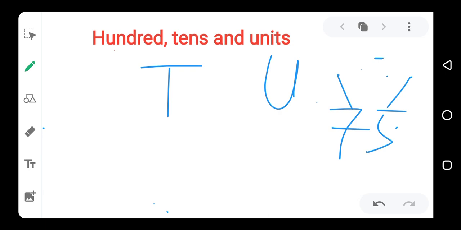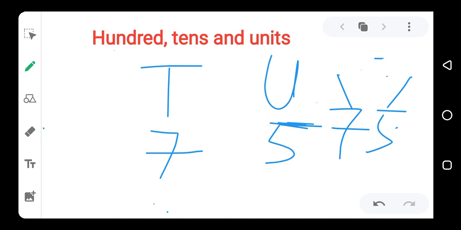So we write 5 under units, and then we write 7 under tens. Okay, so this is how to write tens and units.